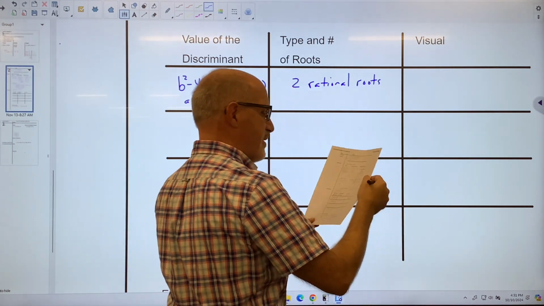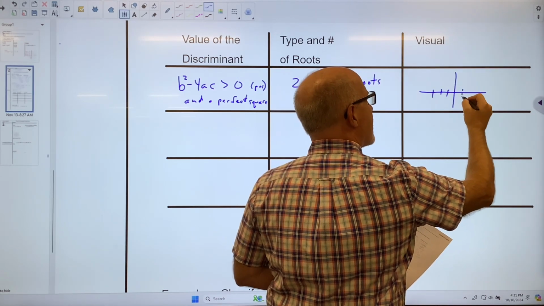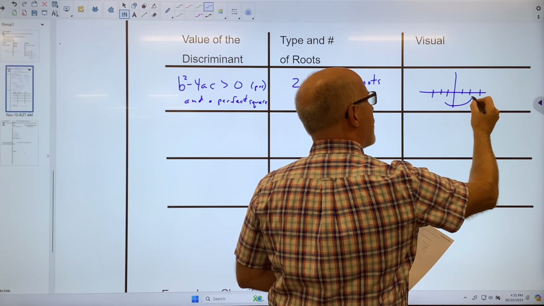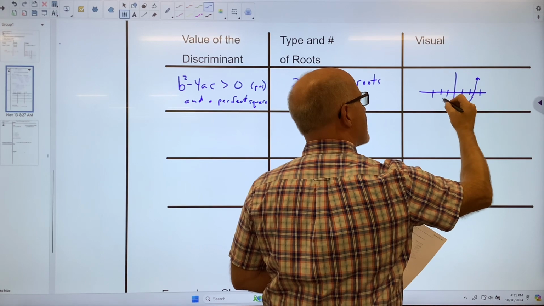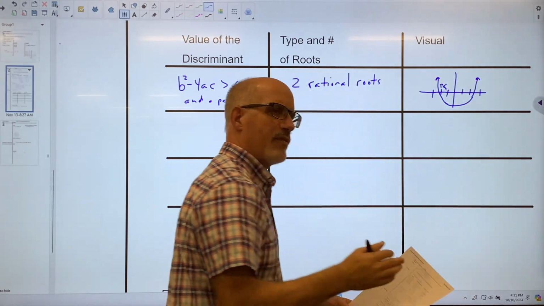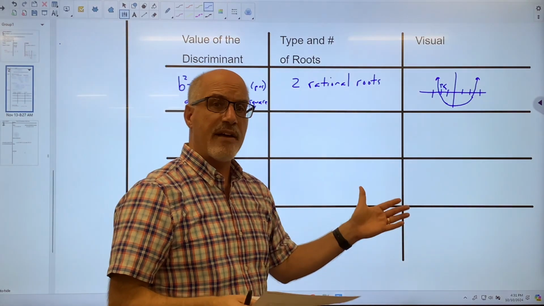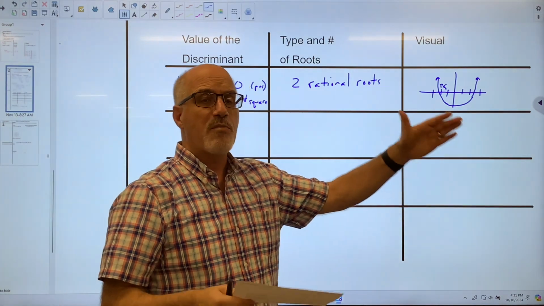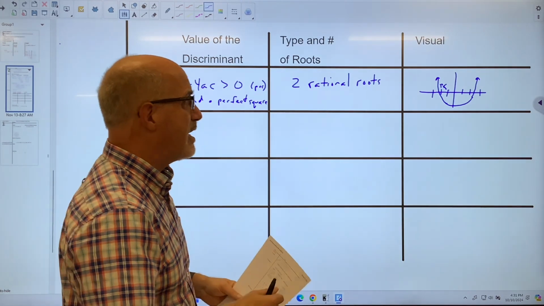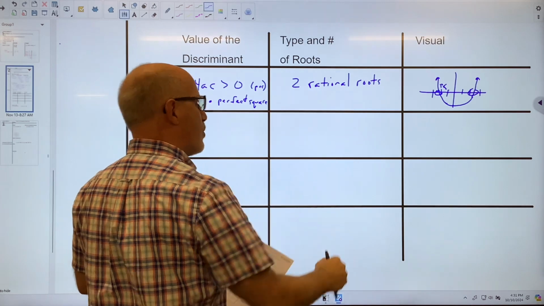The visual on this is that you're going to cross the axis at an actual rational number, some value like p over q, a fraction. It could be -3/2 and 4/5, but it's a rational number that you get when you have a perfect square that's positive. It crosses the axis twice. That's why there are 2 roots.